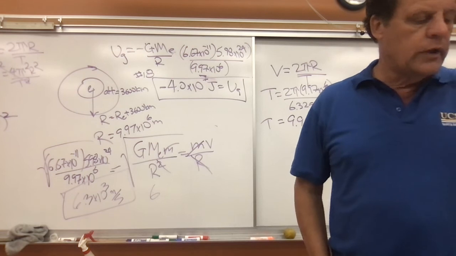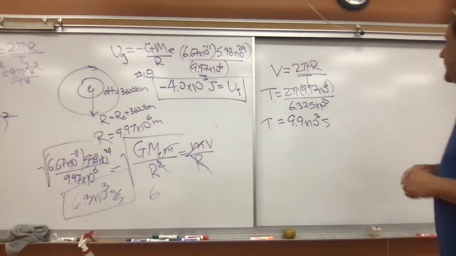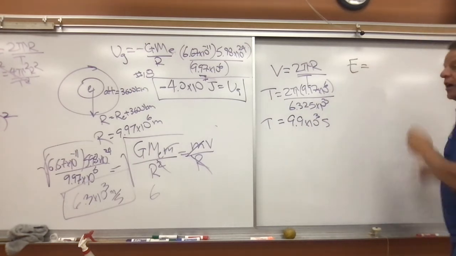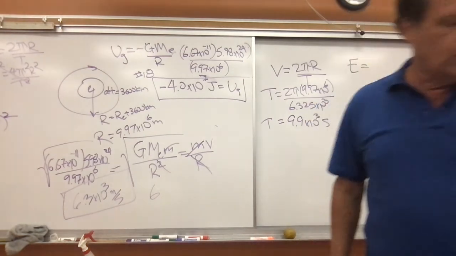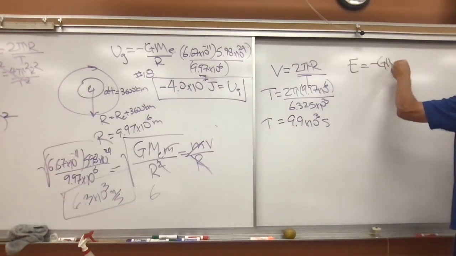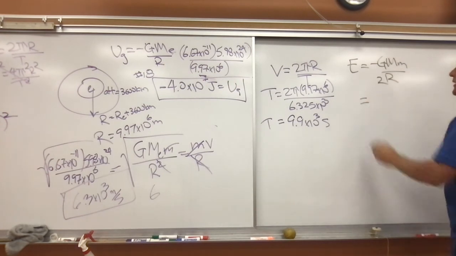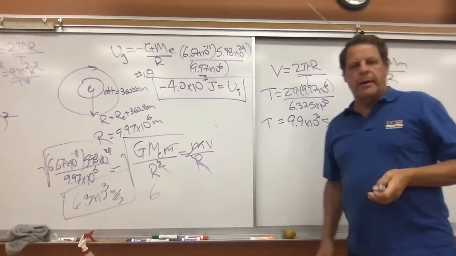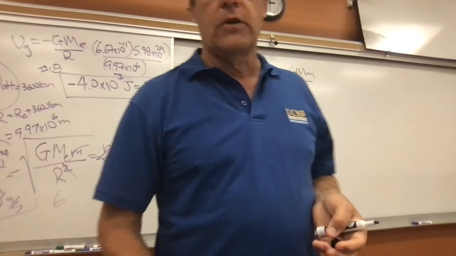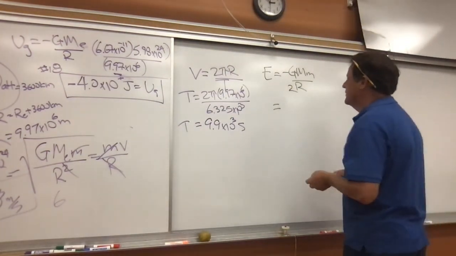Okay, so on to some of our last questions here. What is the total energy of the satellite? And remember that the energy of an object in a stable orbit is going to be equal to negative GMm over 2r. And you guys can go back and look at the way that's developed, or you can look on page 376.